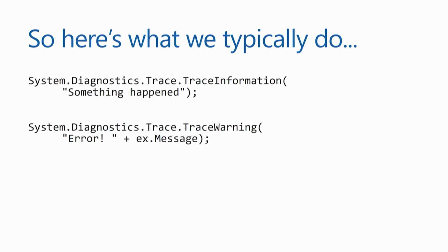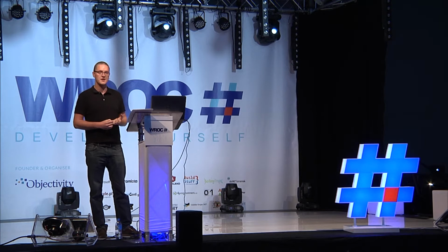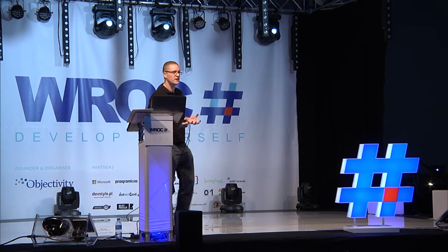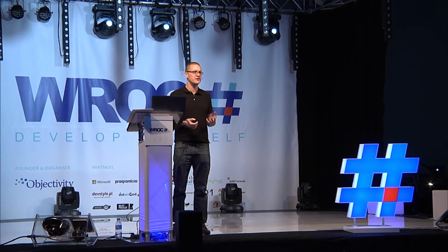That's all fine in theory, but in practice, it's not so good usually. So this is what I typically see in a lot of applications. We use System.Diagnostics.Trace or we use log4net where we just write stuff into a log file, and typically it's something like this, what you see here. Something happened in the application or an exception occurred and we log error plus the exception message.